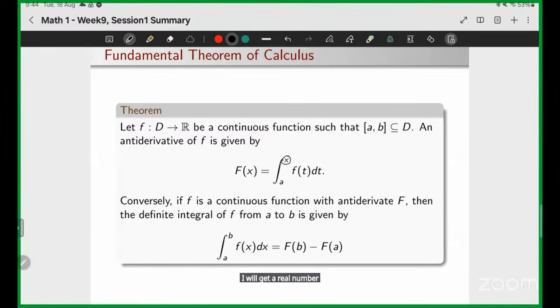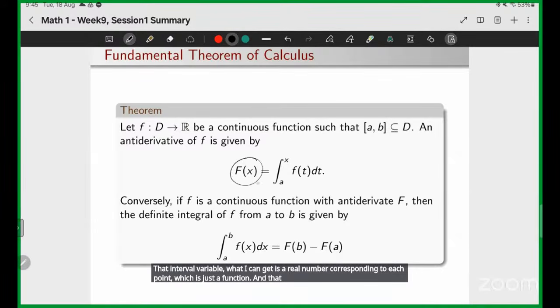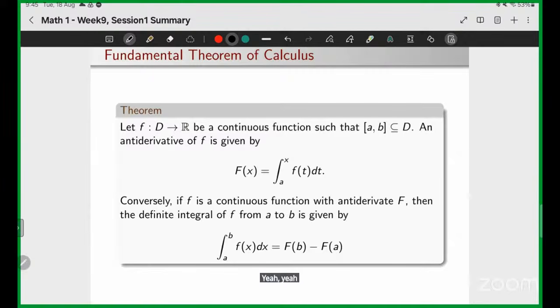And by keeping the endpoint of that interval variable, I get a real number corresponding to each point, which is just a function.